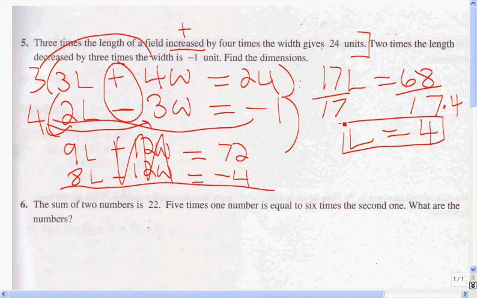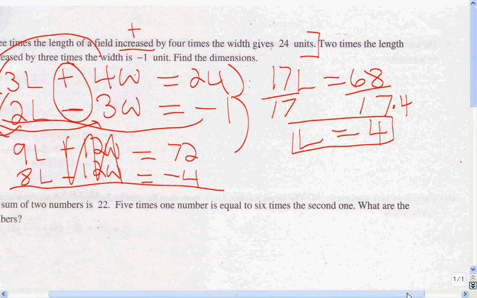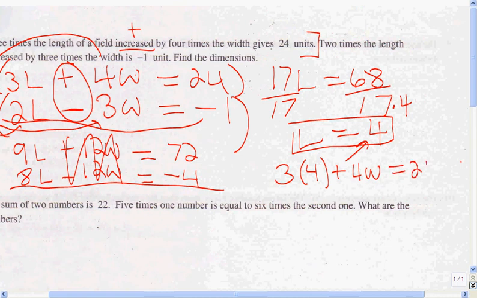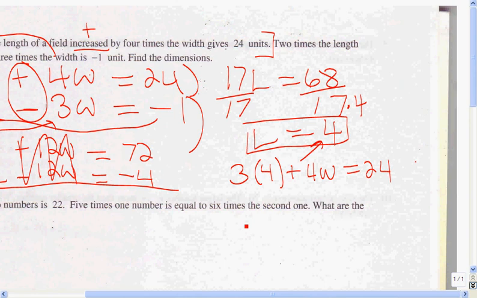Okay, now I know what L equals. I'm going to plug L into one of the equations to figure out what W equals. So I'm going to plug it into the top equation. 3L plus 4W equals 24. So 3 times L, and L is 4, so 3 times 4 plus 4W equals 24. 3 times 4 is 12. Plus 4W equals 24.